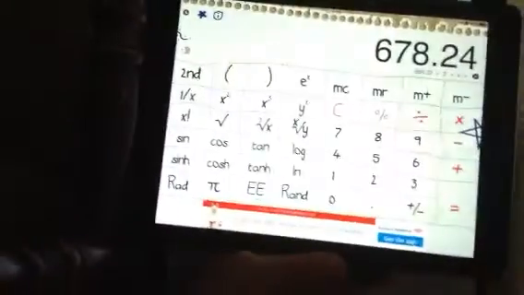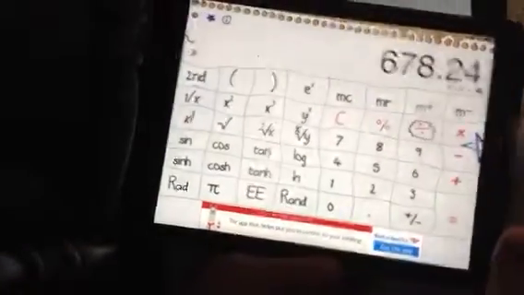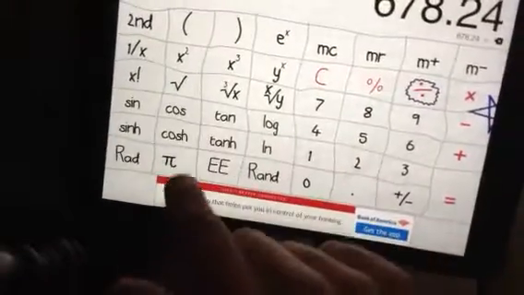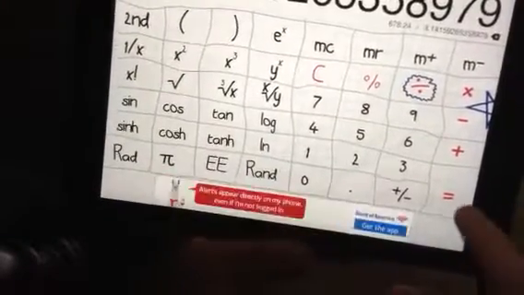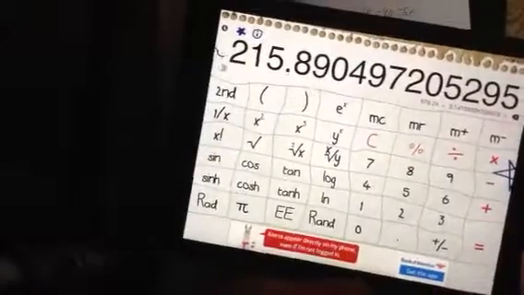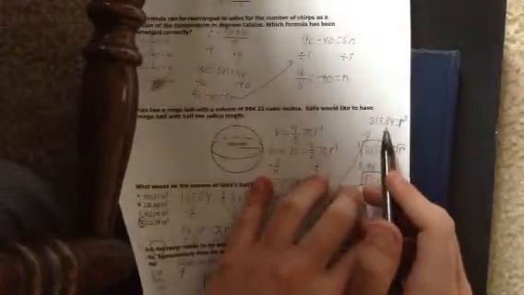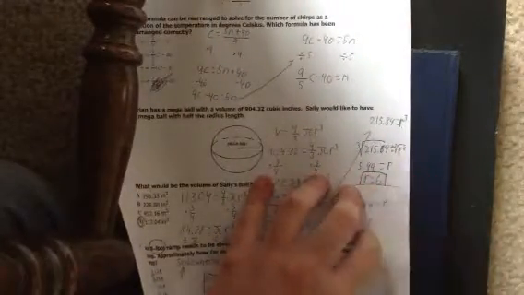So 678.24 divided by, let's see, what is the pi? Divided by pi equals 215.89, roughly. So 215.89 equals r cubed.